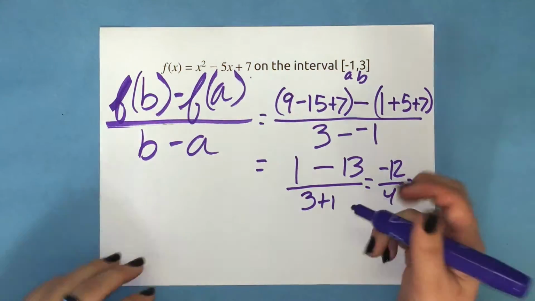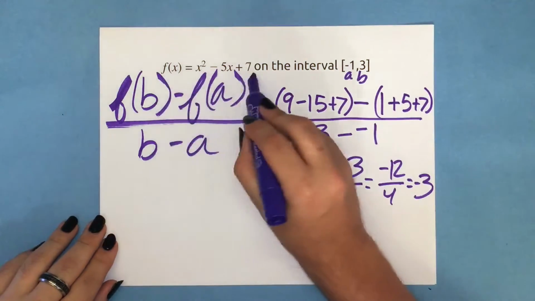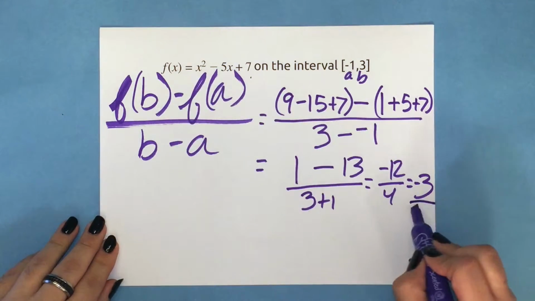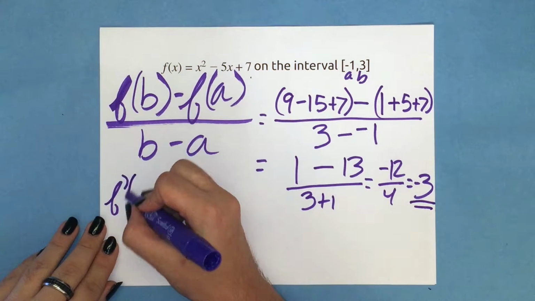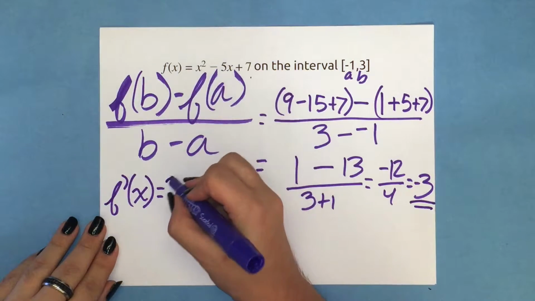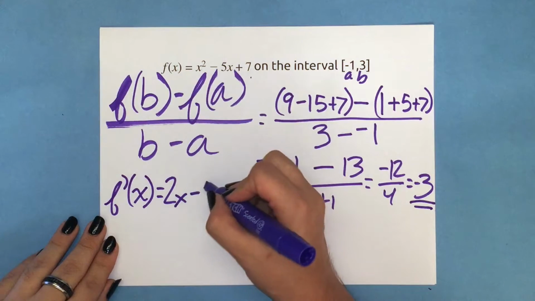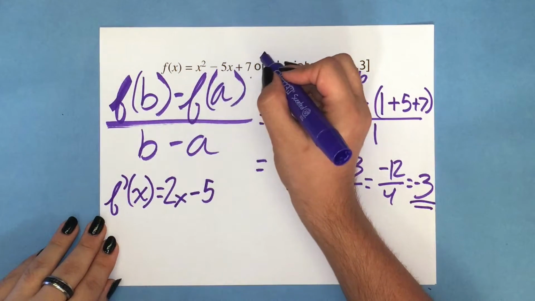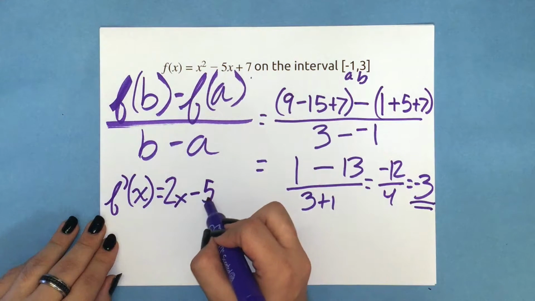So now we want to know, is there some point where the derivative of this function is equal to -3? So let's check the derivative. f prime of x. By power rule, x squared becomes 2x. -5x, bringing down the constant, we get -5, and constants just drop off when we take the derivative. So we get the derivative is 2x minus 5.